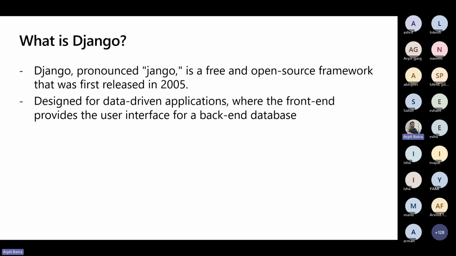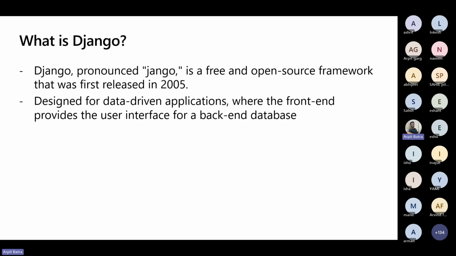Now we go for what things are required for Django. Before diving into Django, ensure you have four main things. First one is basic knowledge of Python. Next, Python 3.6 or higher installed on your system. The third one is pip, also known as the Python package manager. The last one is familiarity with web development concepts like HTML, CSS, HTTP.